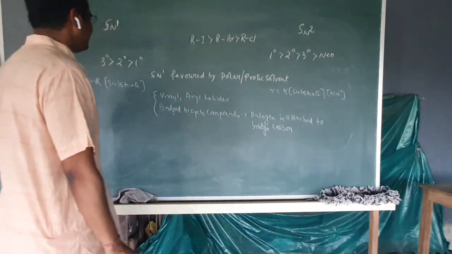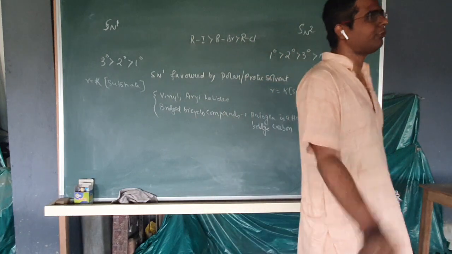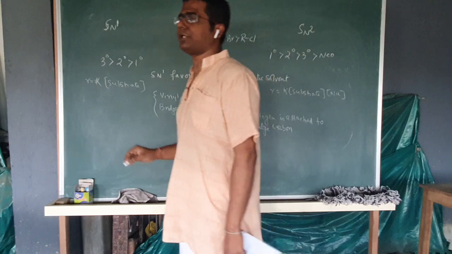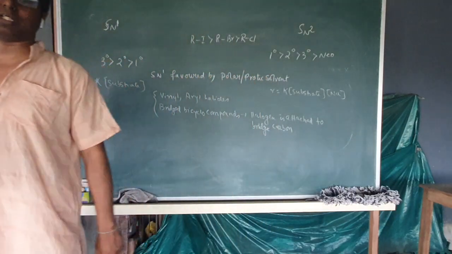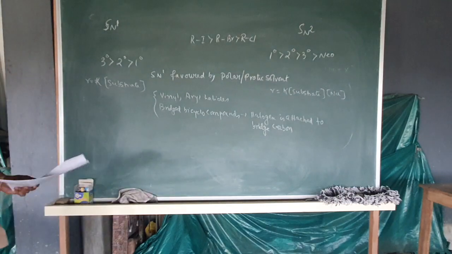Remember, SN1 and SN2 is not for vinyl halides, it's not for aryl halides, it's not for bridged bicyclo compounds with halogen attached to the bridged carbon atom. Okay. So this is very important. Please remember this one.